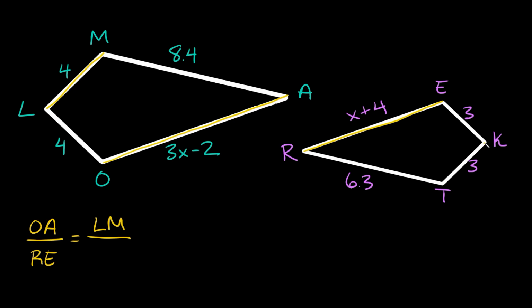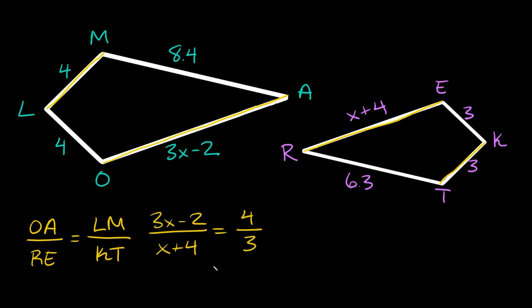So it looks like it would be from K to T, right? From K to T. All right, so let's fill in some information here. So O to A is 3x minus 2, and RE is x plus 4. And again, we're going to set that equal to LM, which is 4, and KT, which is 3.